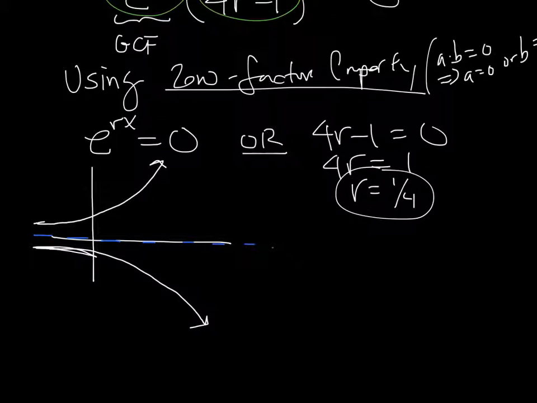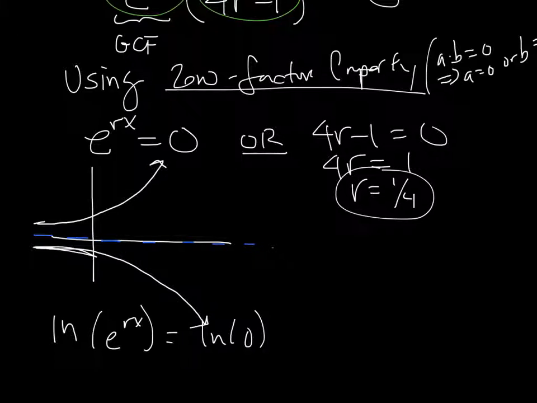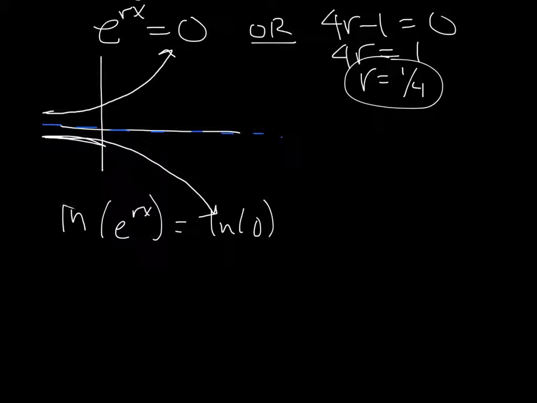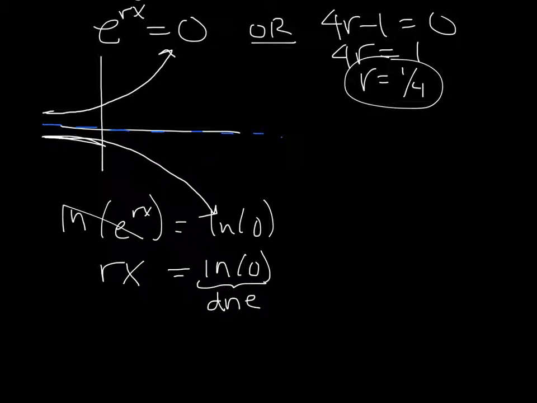Or another way of thinking about it is, if you try to take the ln of both sides, from college algebra, these are inverses, so it's just rx. And then the natural log of 0, if you punch that in your calculator, you're going to get an error, or DNE, which means it doesn't exist.